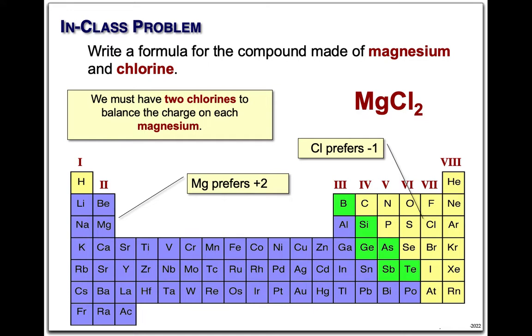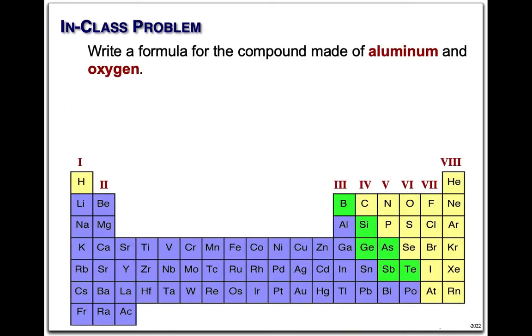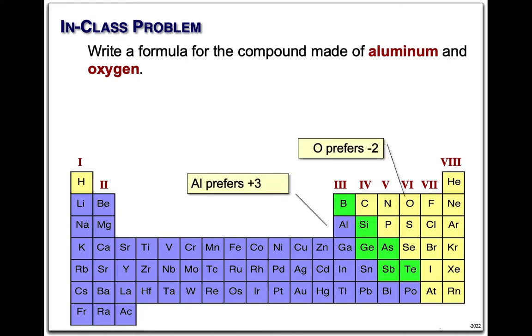Now, it's not always this easy. Sometimes it's a little trickier. Here's a classic: aluminum and oxygen. Again, aluminum is here in group 3, it's a +3. Oxygen is here in group 6, it's a -2.